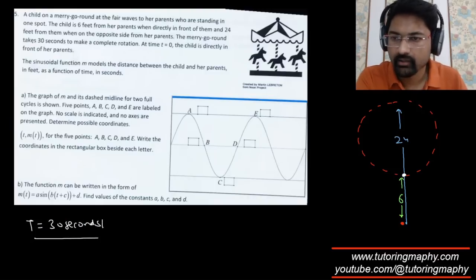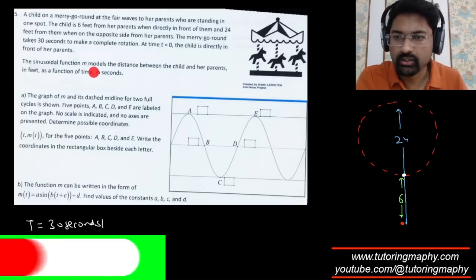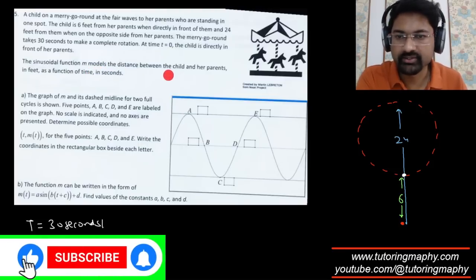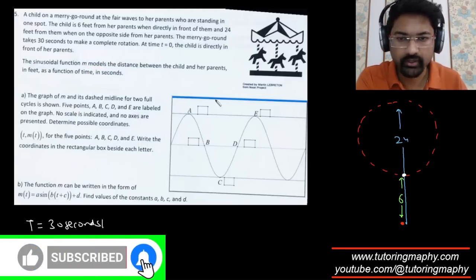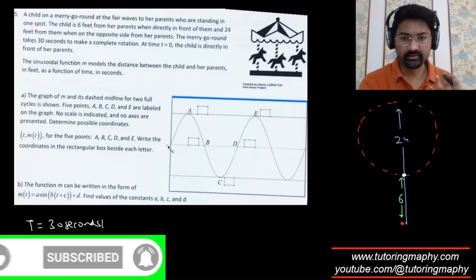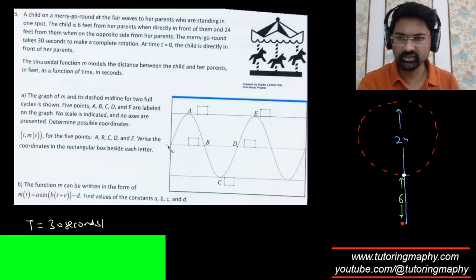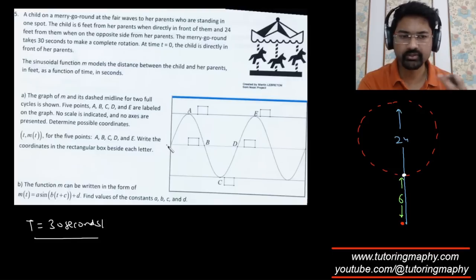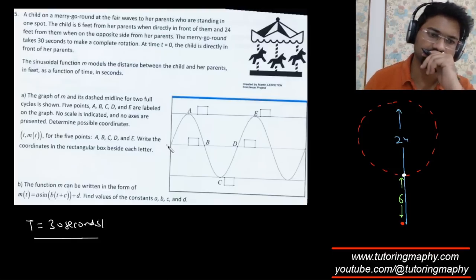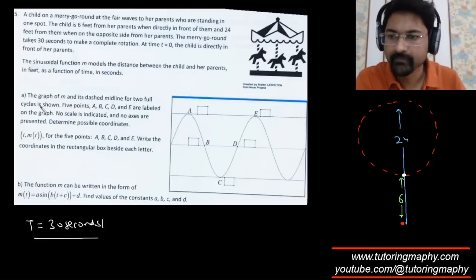The sinusoidal model, the function M, models the distance between the child and the parents as a function of time. This is t equal to 0, when the child is directly in front of her parents. The graph of M and its dashed midline for two full cycles is shown, and A, B, C, D, E are labeled on the graph.